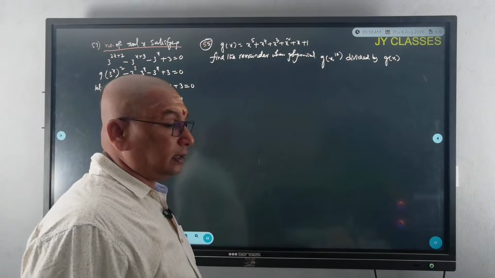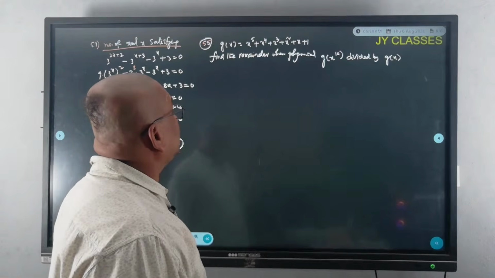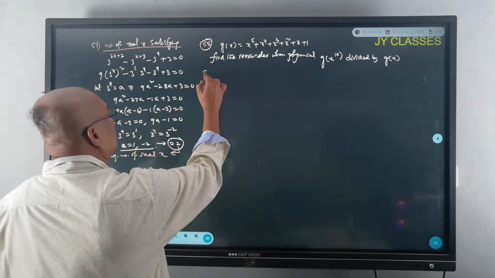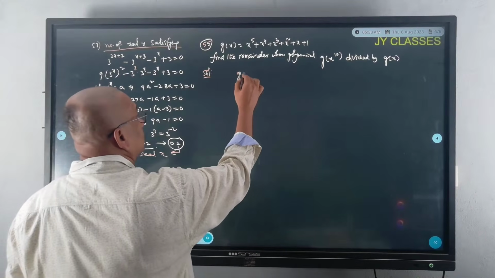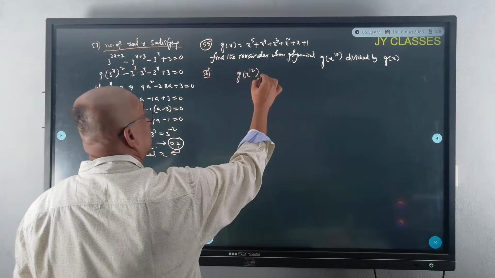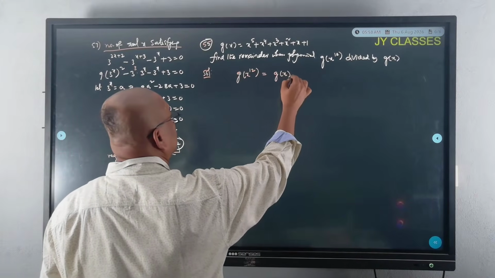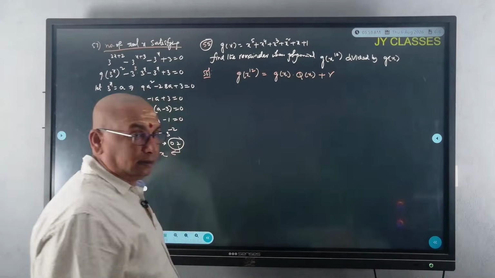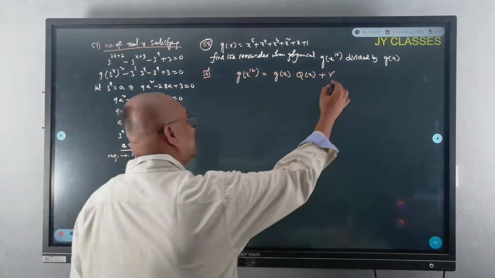Remainder theorem application. G of x is given, divisor is given. G of x power 12 is equal to g of x q of x plus r. Remainder, r means r of x.